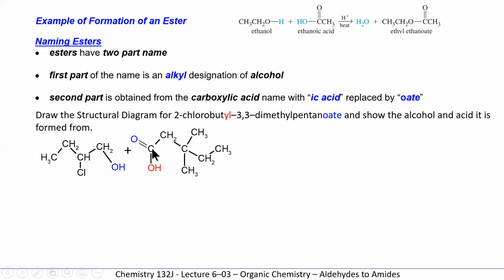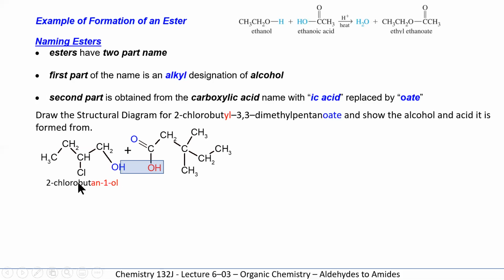This is the first carbon because it's where the acid group is. We could show the elimination of water. And now what I forgot to do up here was indicate where the alcohol group is. The alcohol group is on the first carbon, so we're going to indicate it by saying butan-1-ol or 1-butanol.